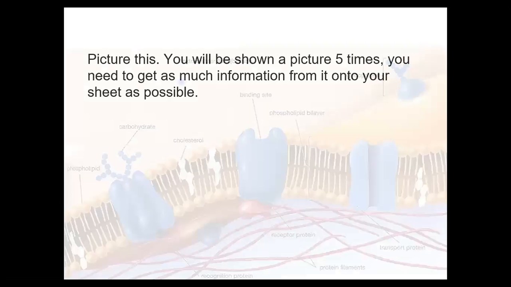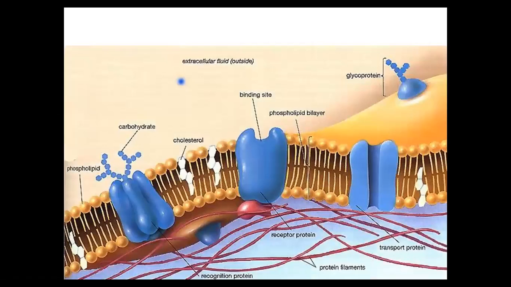So this is what our phospholipid bilayer cell membrane really looks like. We've got loads and loads of different parts. We say that the phospholipids are the most important part, the main bulk of it, and they work as a bilayer.